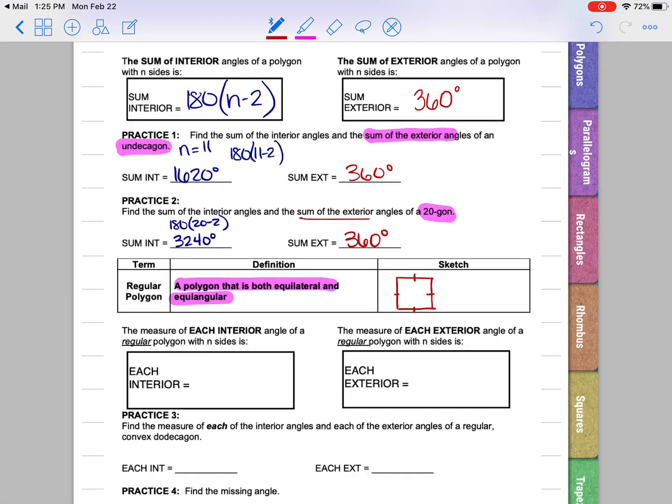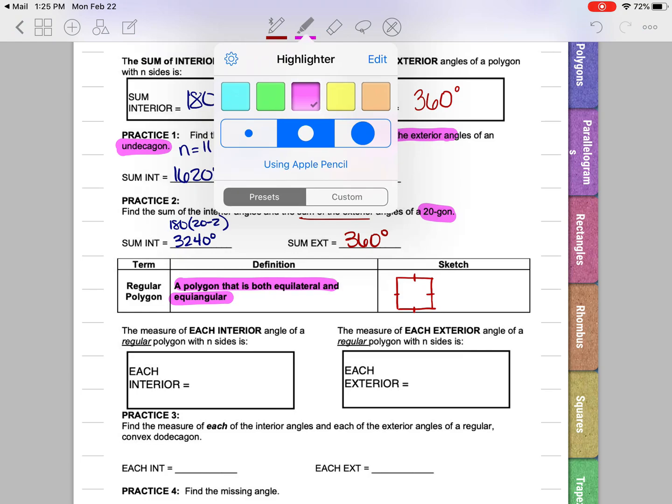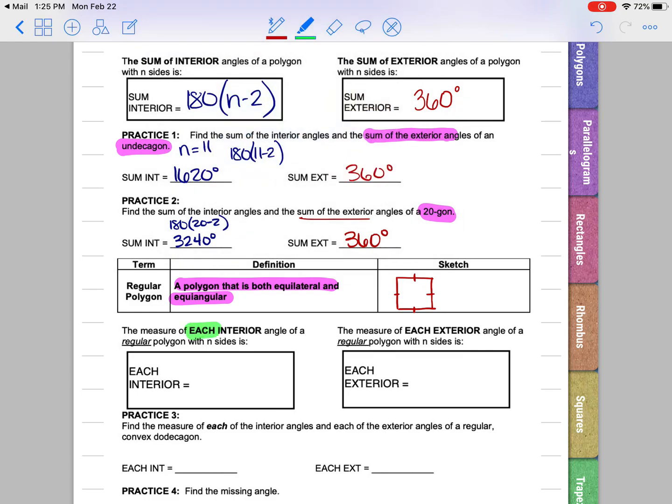Now if we look here, we're taking our question and we're adding the word each in front of it. Each interior and each exterior. So if I know my sum, let's say we know the sum of that undecagon up there is 1,620, and I want to know what each of those 11 angles equals, obviously all I have to do is divide that by the 11. So there's our formula that we're going to be working with here.